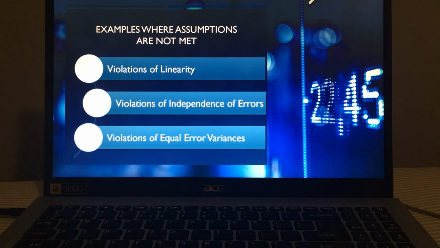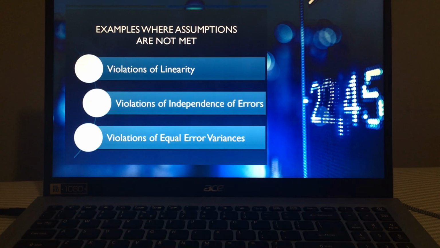We have two data sets, 11.11a and b, and they were constructed using the same data set that we just saw in 11.10a and b.